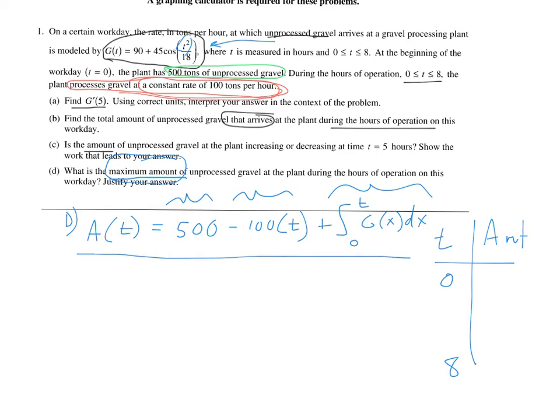But remember that the maxes and mins occur where the derivative equals 0. So what's the derivative of this? Well, the derivative of 500 would be 0. The derivative of negative 100t would be negative 100. And the derivative of an integral would be plus g of t.